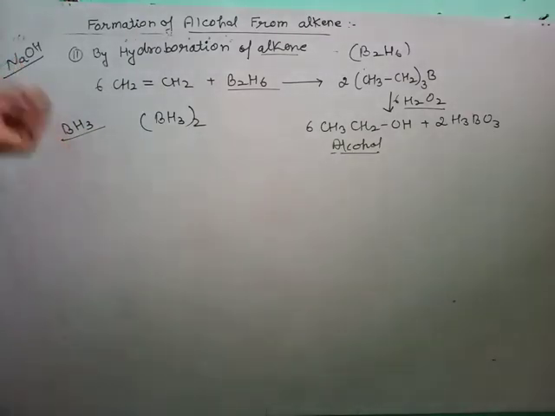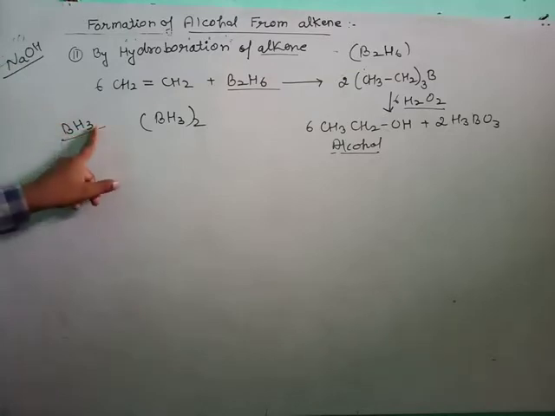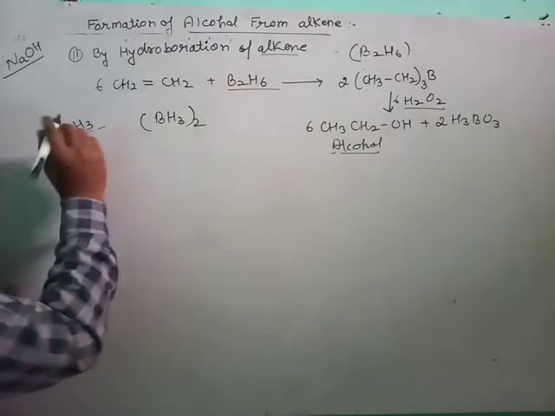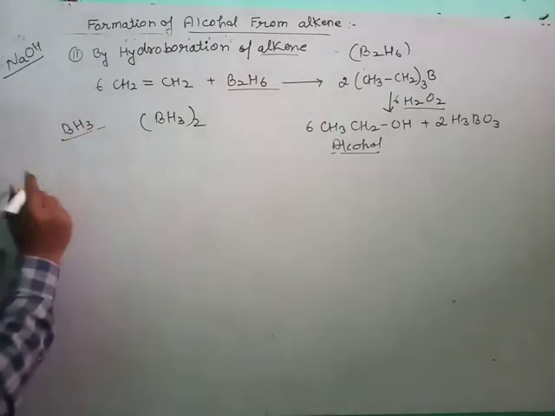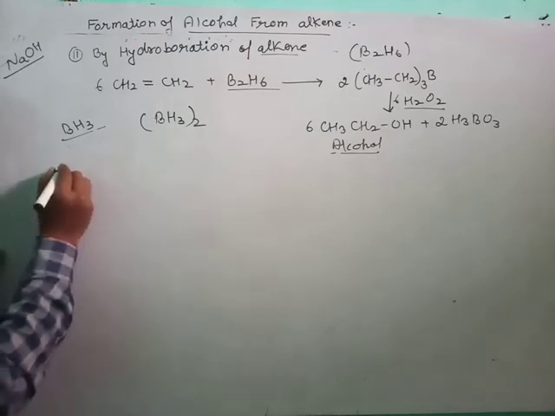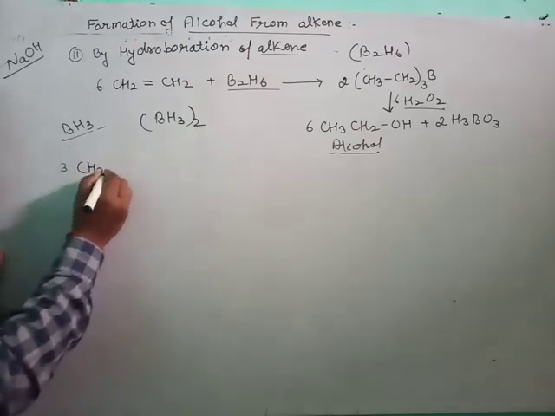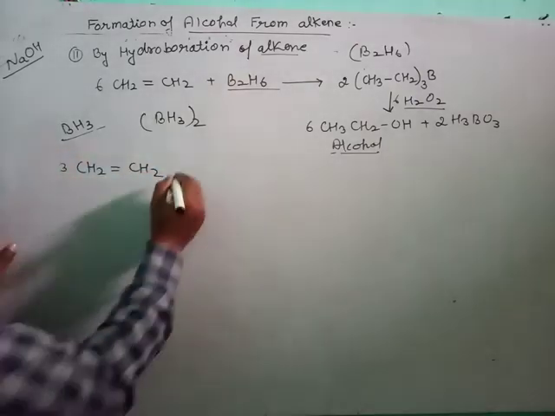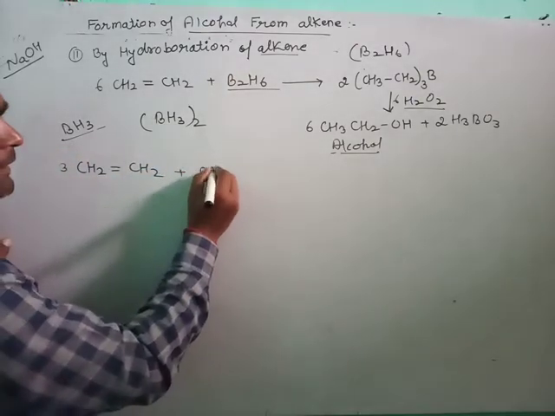So I write this reaction in the form of BH3 and also explain the mechanism of this reaction. Here we take only three molecules, 3 CH2 double bond CH2 plus BH3.